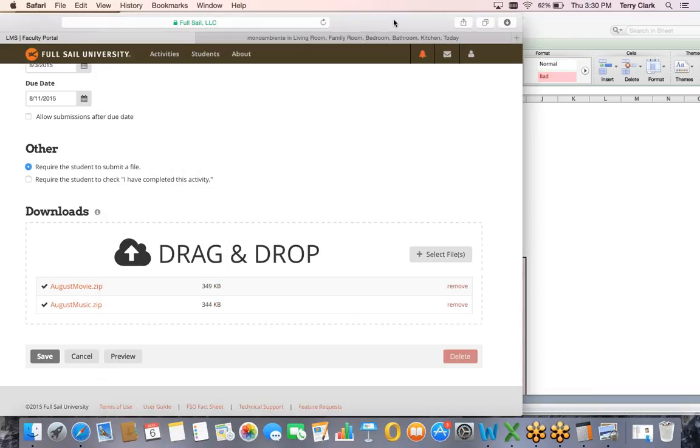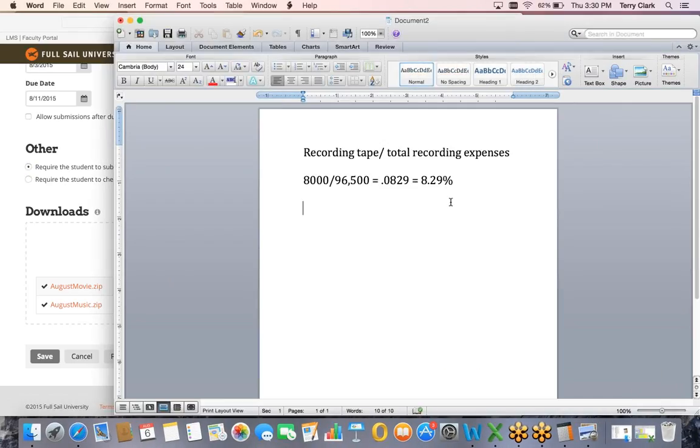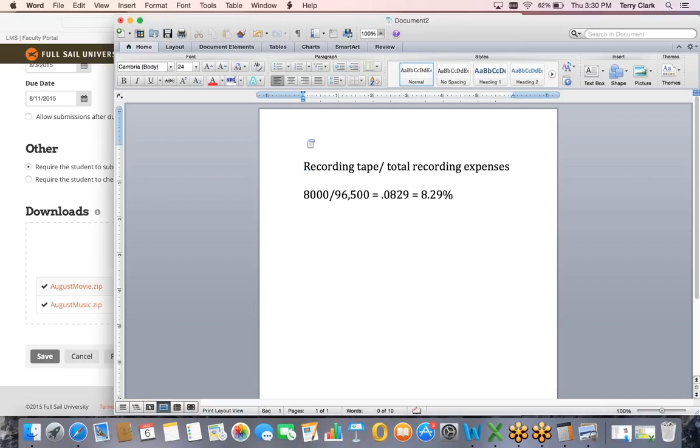Now let's say we're going to take that same problem, and they wanted it converted to a fraction. The first part said find the percent. Then the next problem is going to say find the fraction. We're still going to use the same formula. If they gave us the recording tape, what fraction of recording tape is of the total recording expenses?